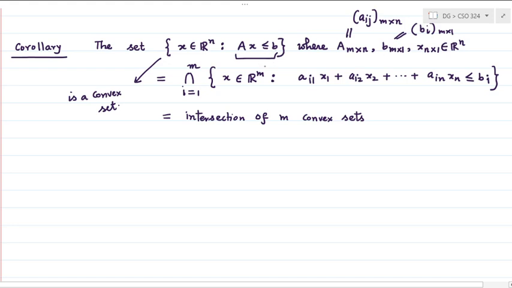It is called a linear inequality region because each component of this inequality is given by a linear function on the left hand side. This expression, you notice, is a linear function. Fine. And therefore Ax less than or equal to b is called a linear inequality, a system of linear inequalities.